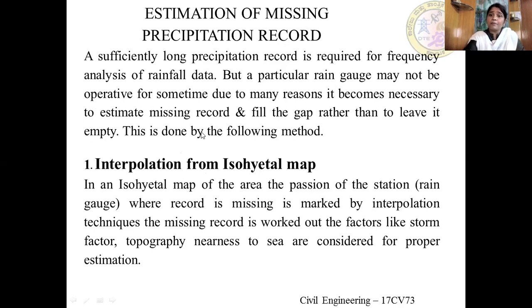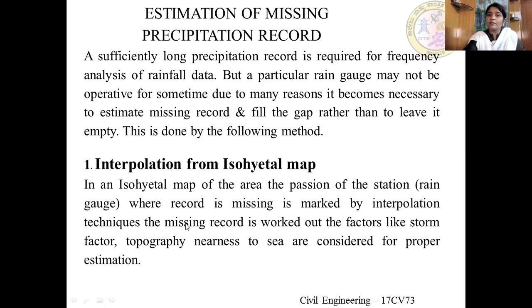But sometimes a particular rain gauge may not be operative for some time due to many reasons. It becomes necessary to estimate that missing record and fill the gap rather than leave it empty. This is done by the following methods.